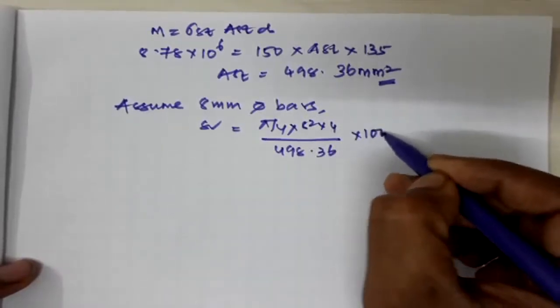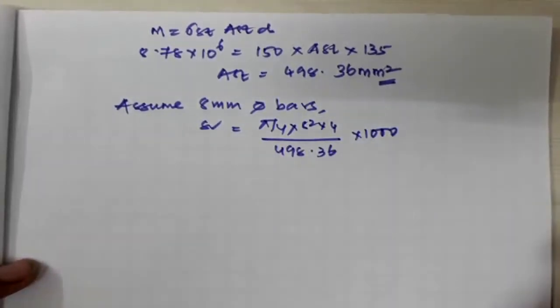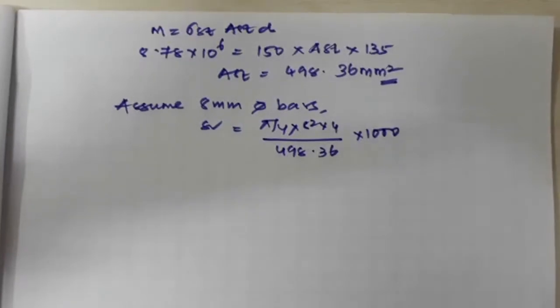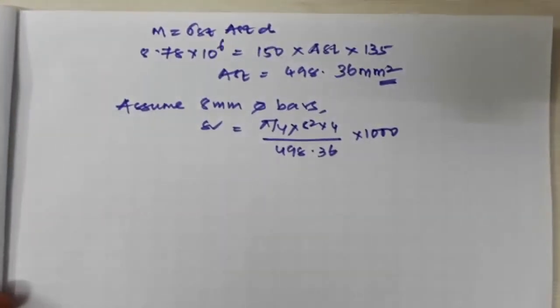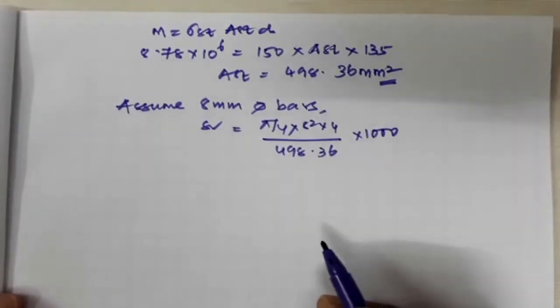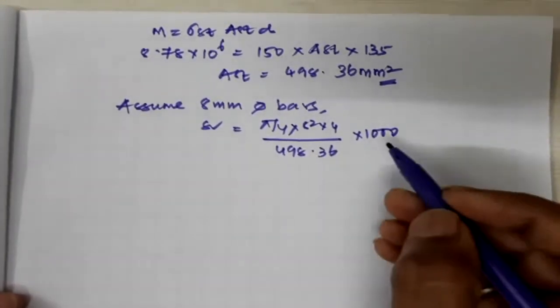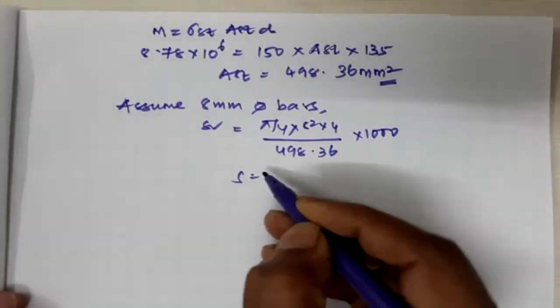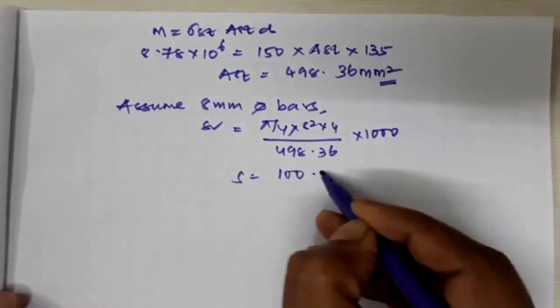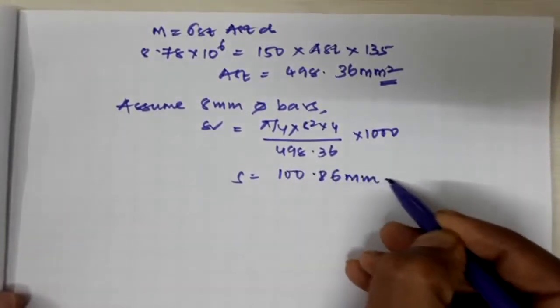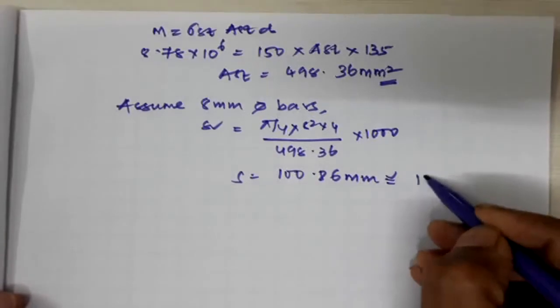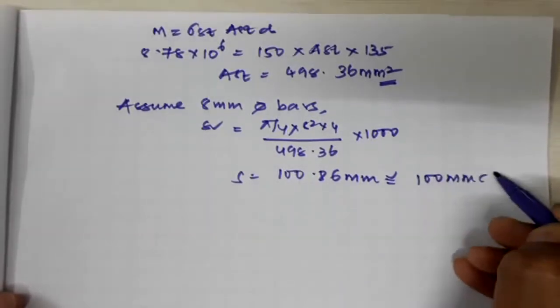So the spacing will be 100.86 mm. So we will assume 100 mm center to center.